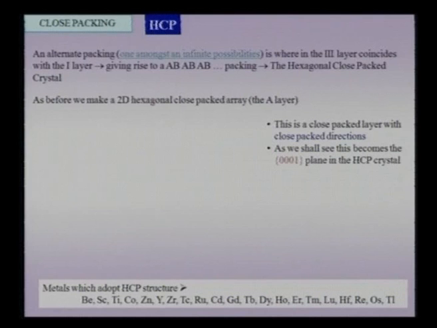So, why are they an infinite set of possibilities? Let me explain them on the board. For instance, suppose I start with an A layer.